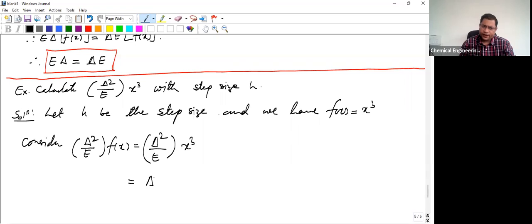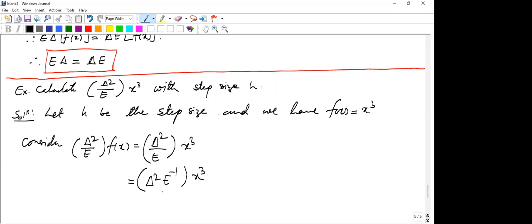Can we write it like this? Delta square E raised to minus 1 operated on x cube. Is that okay? Yes, sir.